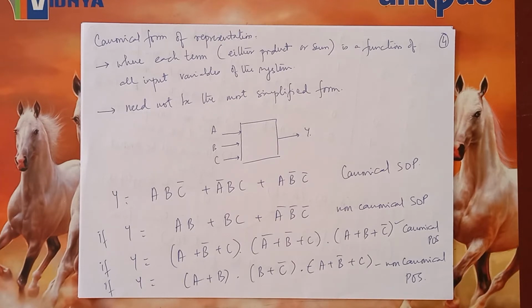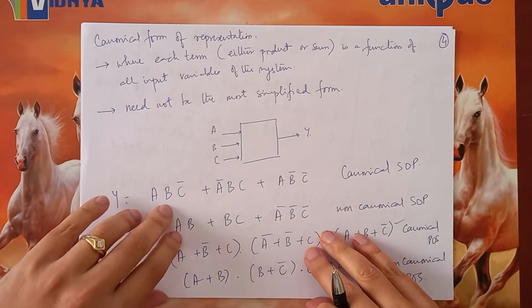From the canonical form, you can definitely use Boolean theorems to simplify. So with this, let us see a little bit more on how we can simplify.